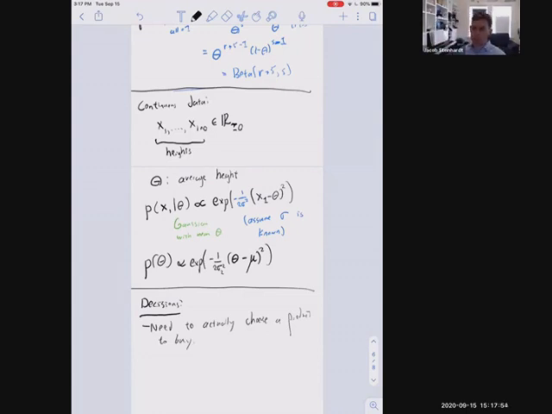And so there's a few ways to go about this. If we really want to do things using our whole decision theoretic framework, what would we do?